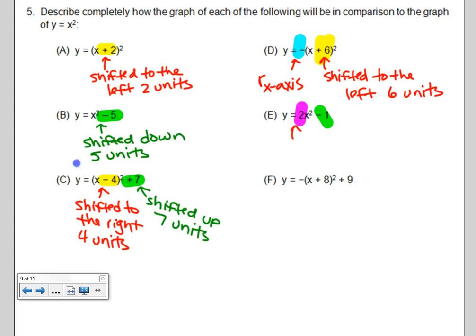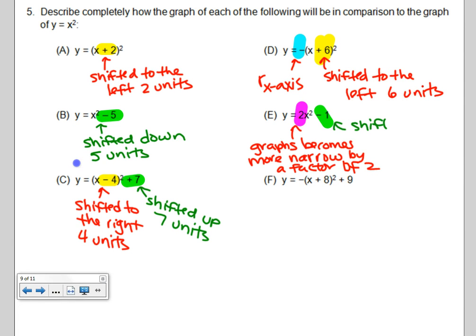So this means that the graph becomes more narrow by a factor of 2. And the -1 here on the outside means it got shifted down 1 unit.